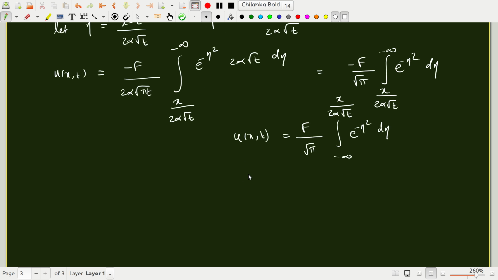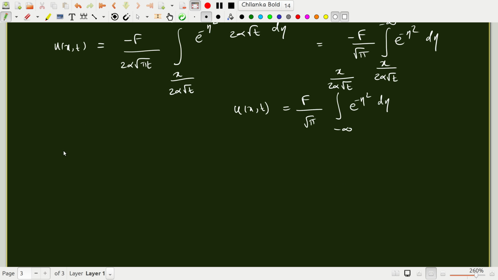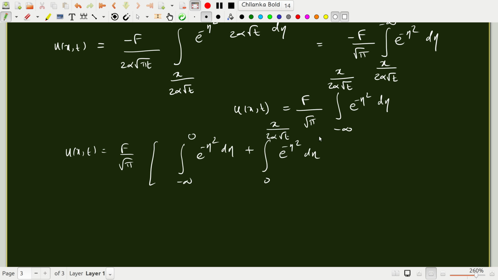Now this can be further simplified as follows: u of x,t is F by root pi times the integral minus infinity to 0 of e to the minus eta squared d eta plus the integral 0 to x by 2 alpha root t of e to the minus eta squared d eta. Now this is a very straightforward integral to do. It's again called a Gaussian integral.